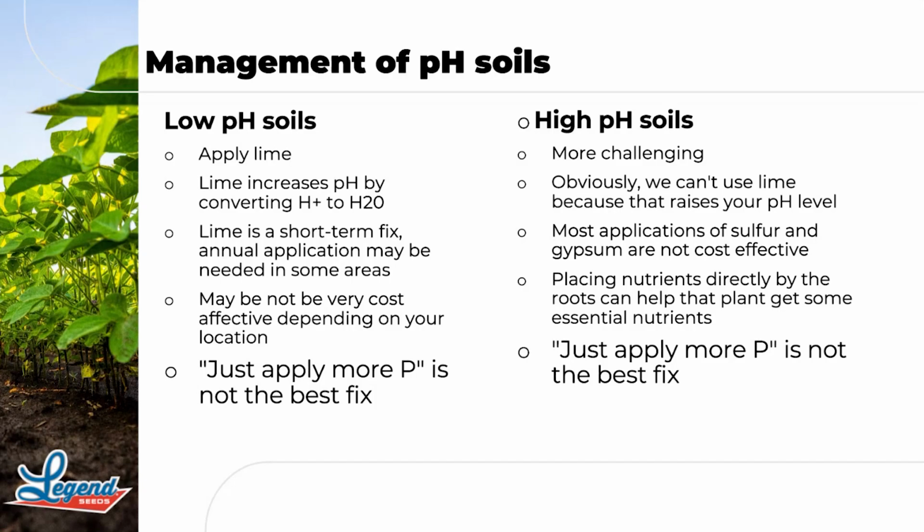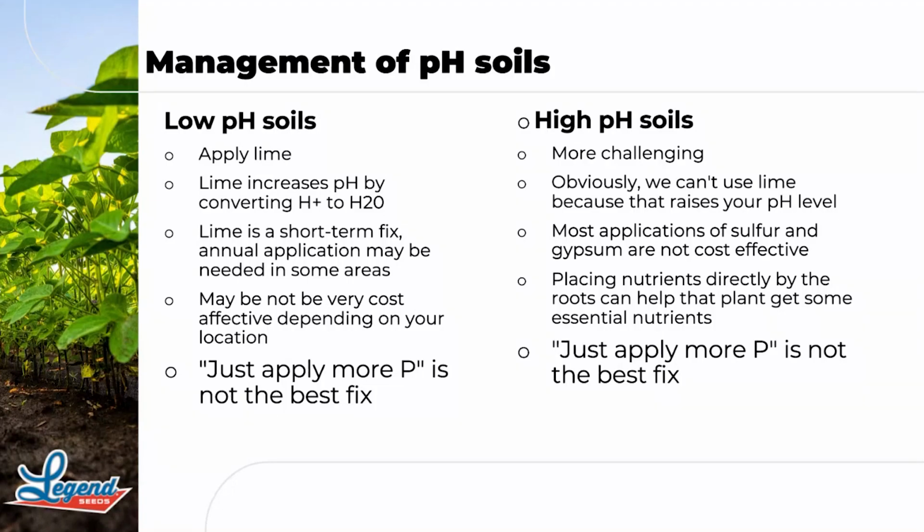So in the high pH soils, this is even more challenging, because there's less options for you, we'll call it. Obviously, you can't lime because that's going to raise the pH. That's going to defeat the purpose of what you're trying to do out there. Products or nutrients that do lower pH are like sulfur and gypsum, calcium.